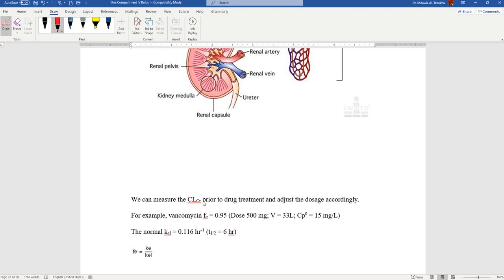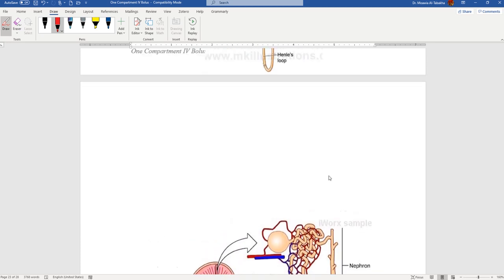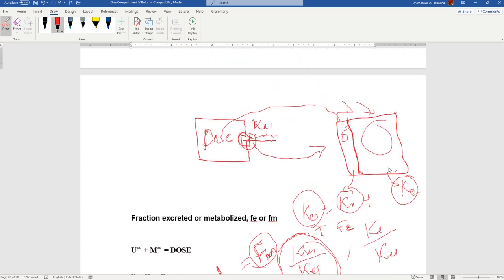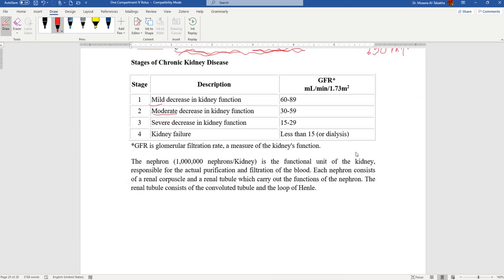Okay, let's suppose that the creatinine clearance is 10% of normal. 10% means it should be from 12 to 13 ml per minute. Because it's 10%, this means that the window for excretion, what will it turn into? It will turn into 10%, meaning only a small portion of this big window will be used for excretion. That's what it means.